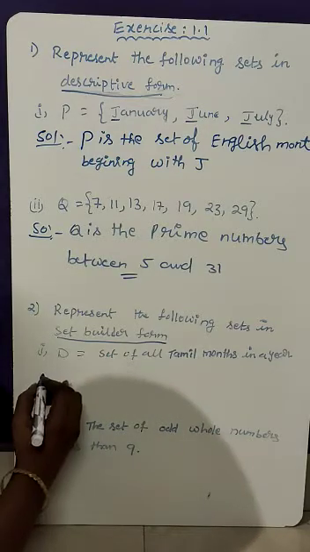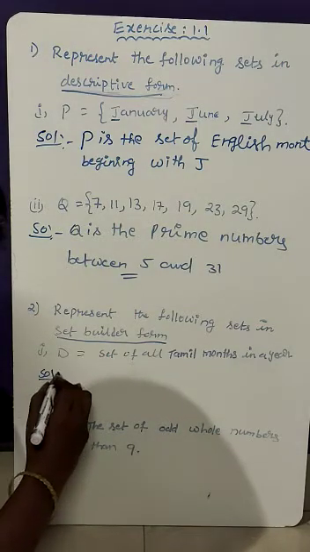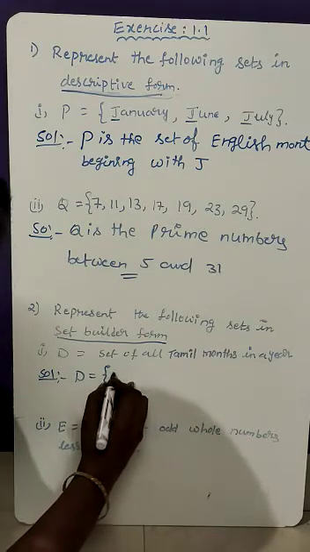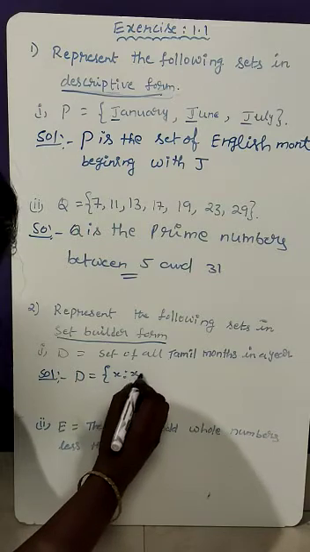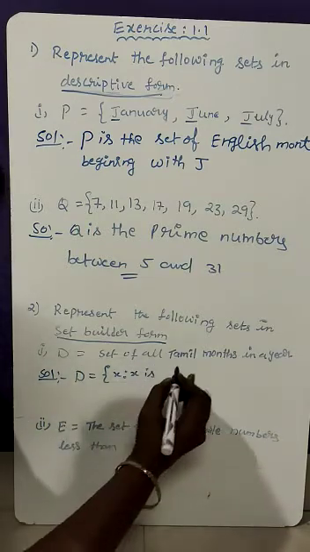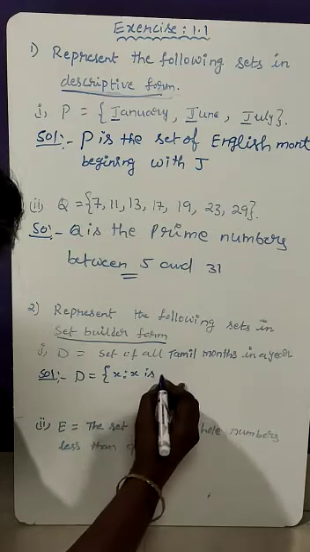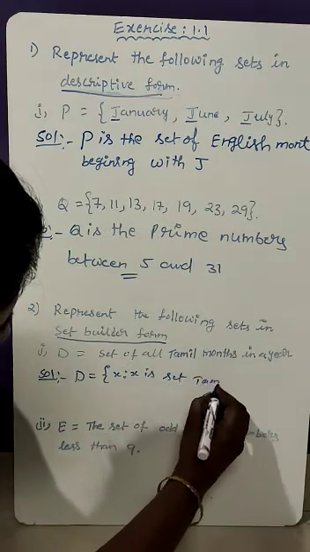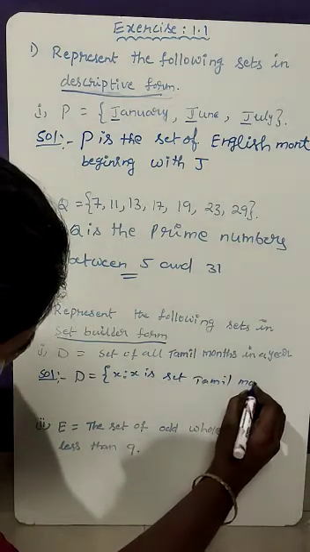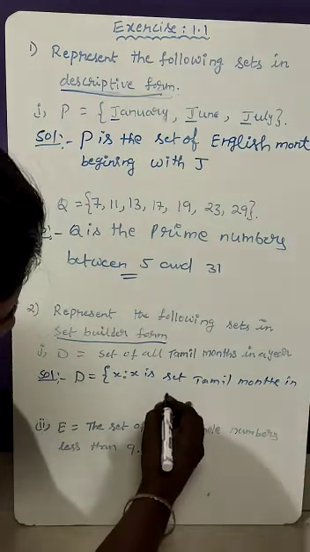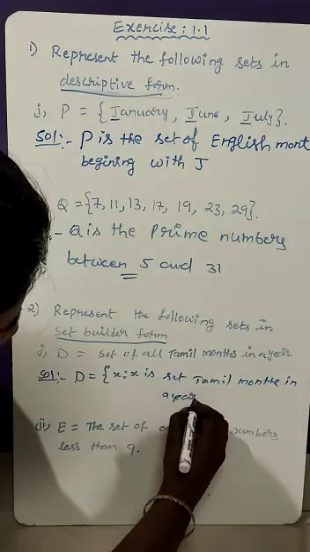So how do we write this answer? D is equal to, start the curly bracket, x such that x is set of Tamil months in a year.